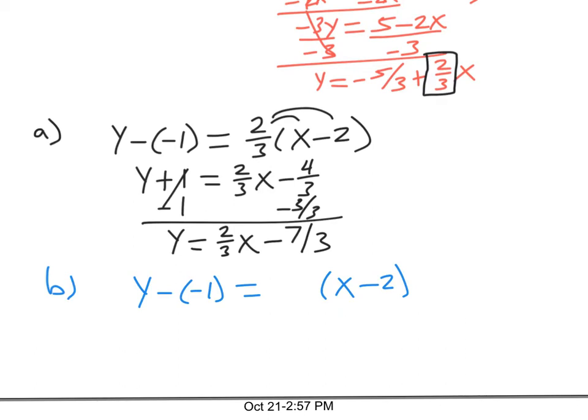Because the top of our original slope from the line that was given, right? The top and the bottom number are different. So now for the slope that I have to use down here, because I want it to be perpendicular, 3/2, right? Those numbers switch, and then it was positive, so I have to add the negative. And from there, I'm just going to mess around with stuff to get it into slope-intercept form.